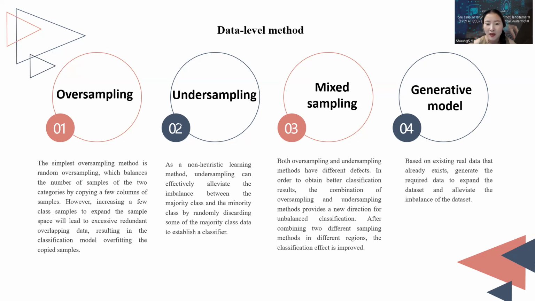Both oversampling and undersampling methods have different defects. In order to obtain better classification results, the combination of oversampling and undersampling provides a new direction for unbalanced classification. After combining two different sampling methods in different regions, the classification effect is improved.